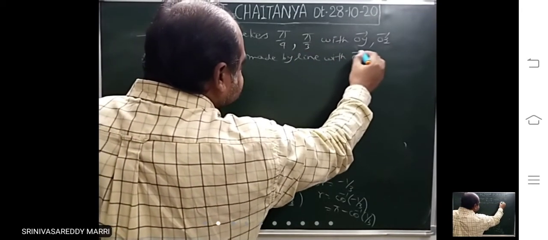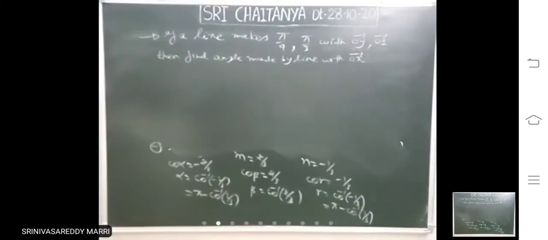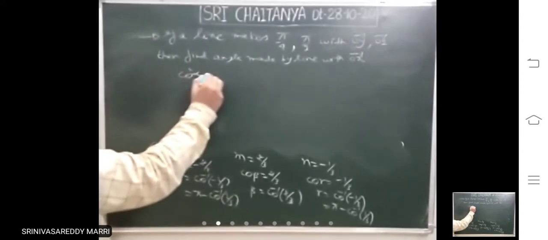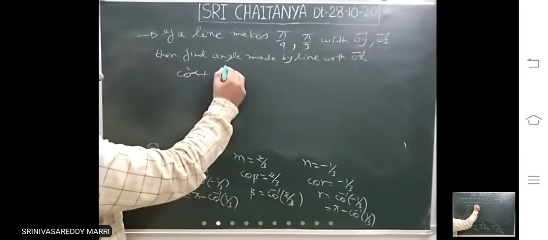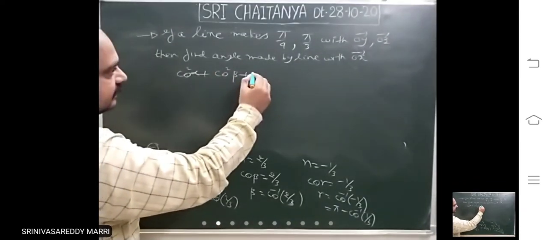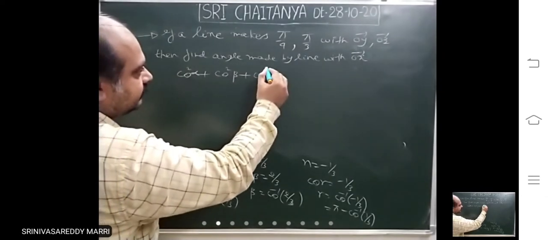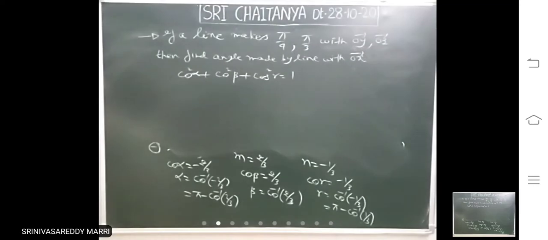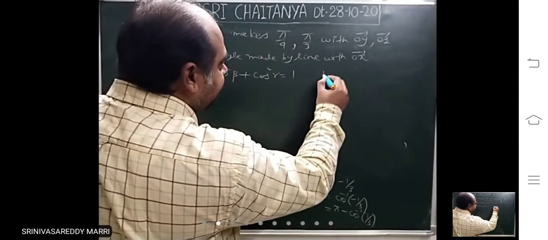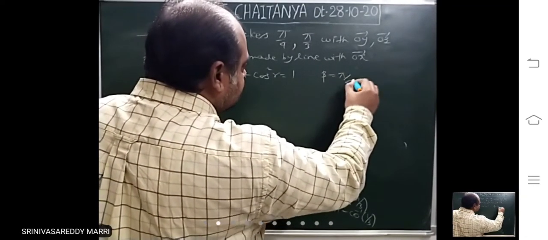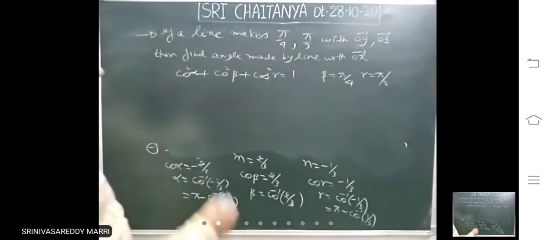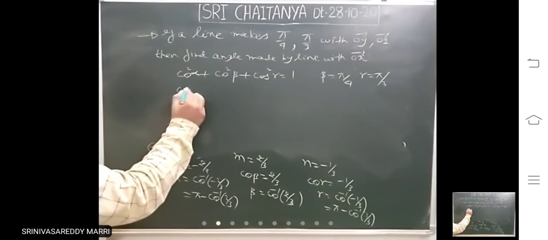On these relations he will ask. What is the relation? Cos square alpha plus cos square beta plus cos square gamma equals 1. Given beta equals pi by 4 and gamma equals pi by 3, alpha you need to calculate.